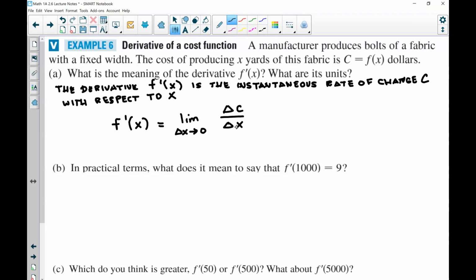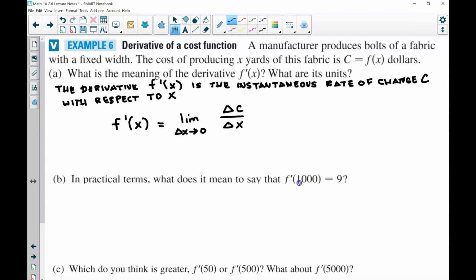So it says now in practical terms, what does it mean to say that f prime of 1000 is equal to 9? Before we answer that question, let's talk about those units.